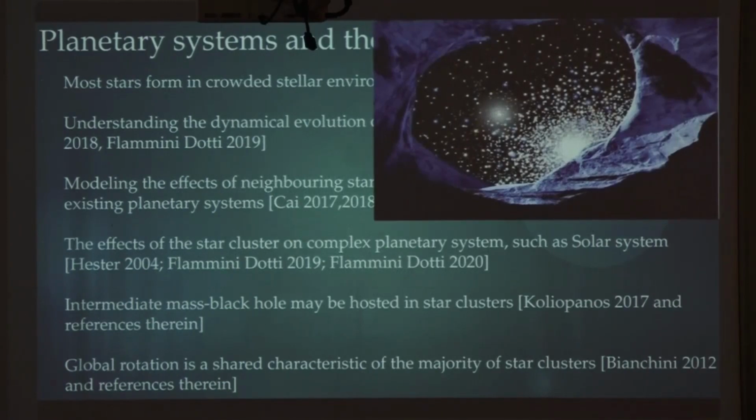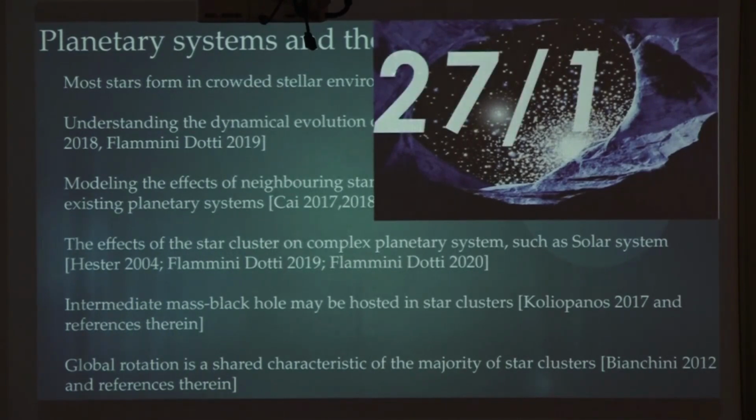So, the total number of planetary systems that have been found in star clusters today is 28, in the sense that 27 are found in open clusters and 1 in globular clusters. As you see, it's a very, very small number, even compared to the total number of exoplanetary systems that are currently found, which is around 6,000.